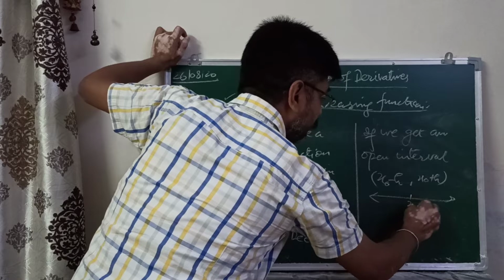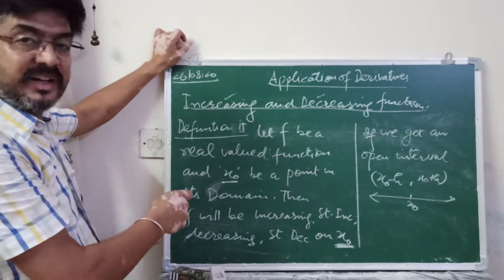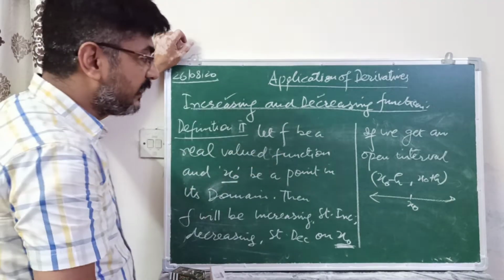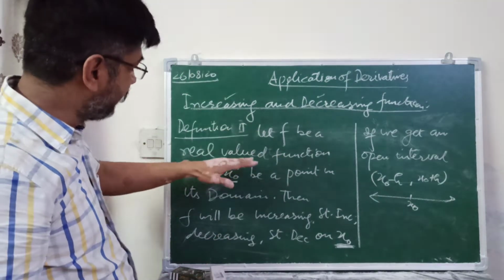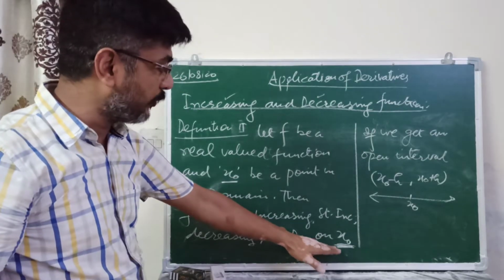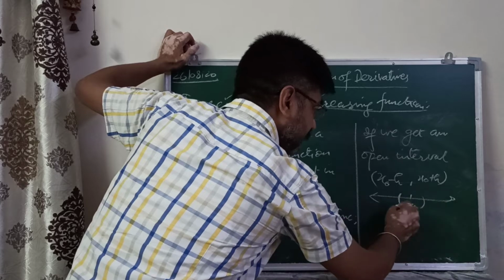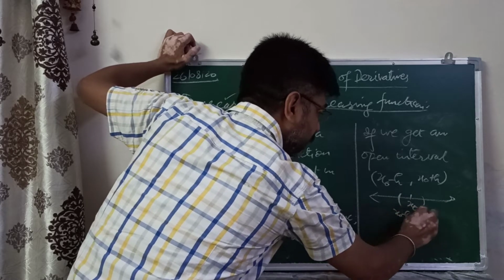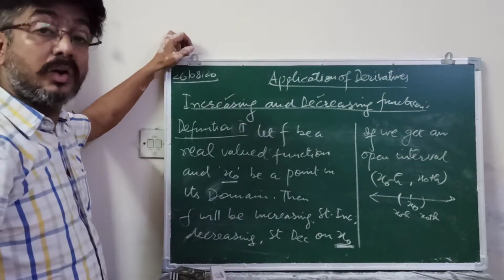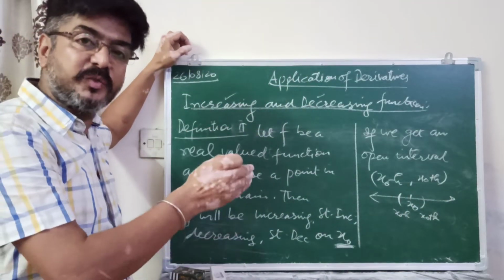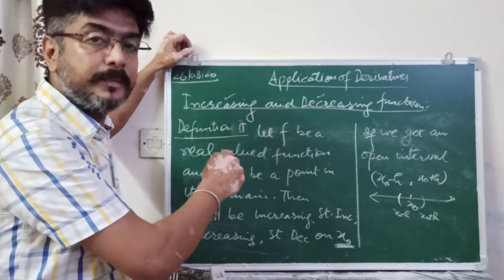This is x0, the point where we want to find whether f is increasing, strictly increasing, decreasing or strictly decreasing. We have definition 1 for an interval only, but this is for one point x0. So we will make an interval like this, x0 minus h, x0 plus h. Now our interval is this, and we will apply the definition first in this interval.